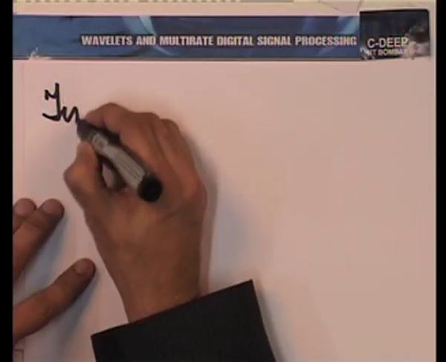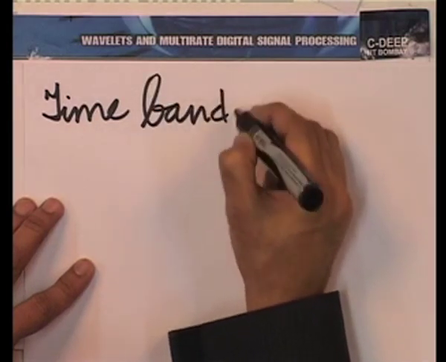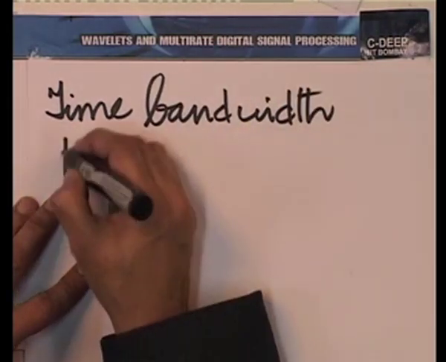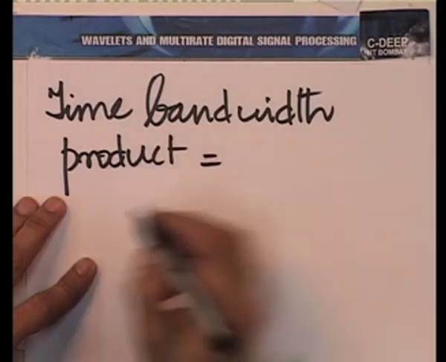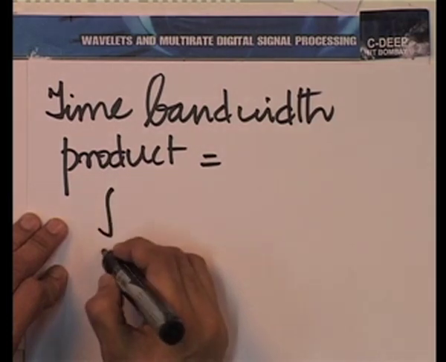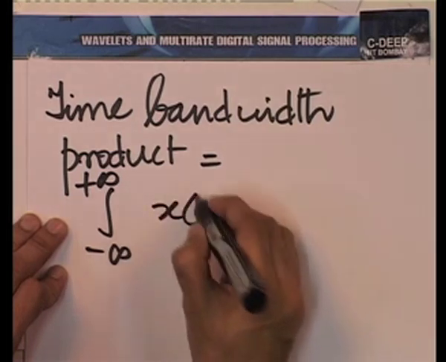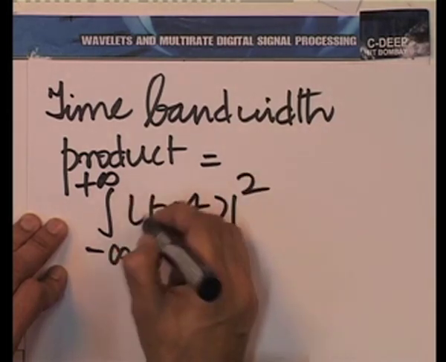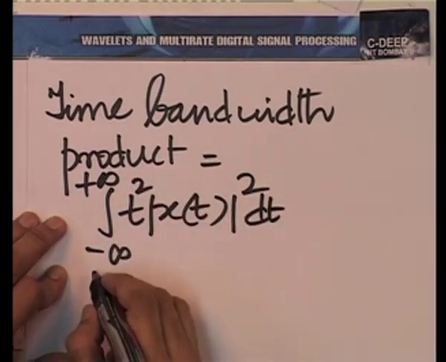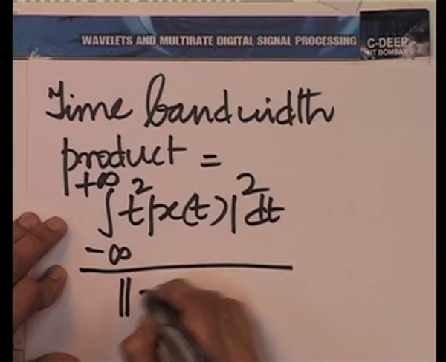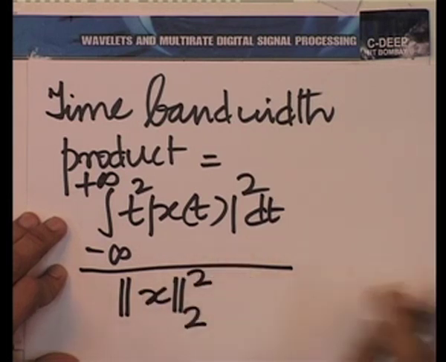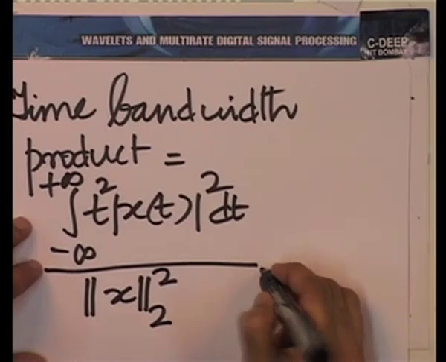Let us make the time center and the frequency center 0, whereupon we then have the time bandwidth product to be essentially the following. Its integral minus to plus infinity the whole squared of x multiplied by t squared dt divided by the norm of x squared, times something similar in frequency.